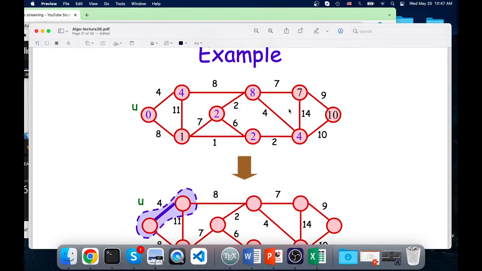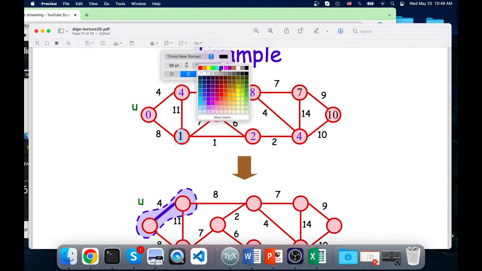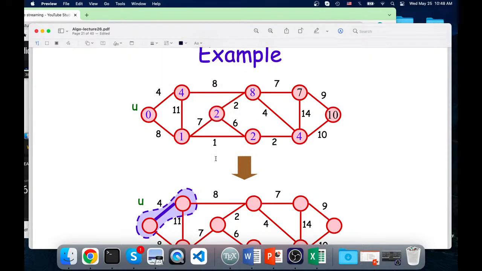Done with the updating, then we will look at all the black nodes again, select one which has the smallest value, this one, and then we change it to a blue one by including this into the spanning tree. Is that okay? And then there is no updating because all the nodes that it joins to are already in the spanning tree. So here we are not using the union find. We just check that it is already done, already done, already done, already done.